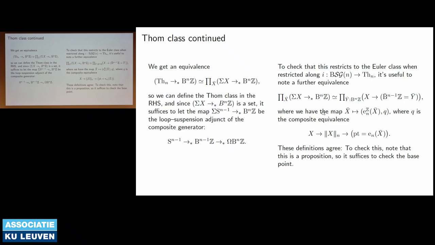On the right-hand side, there's a typo in the slide. I meant to say the following. I just meant to say that maps from a suspension are the same. So forget the sum. This should be now the product. Forget the product out here. Well, we could put a product.